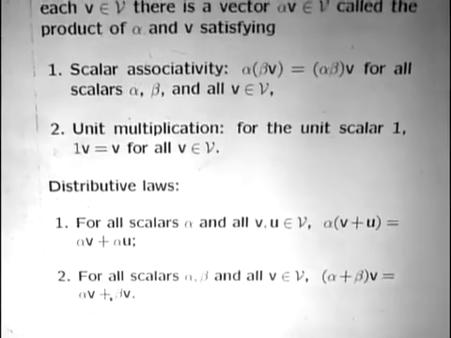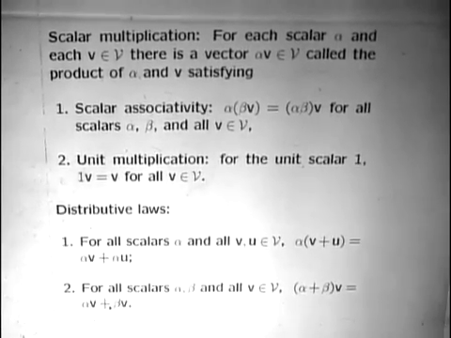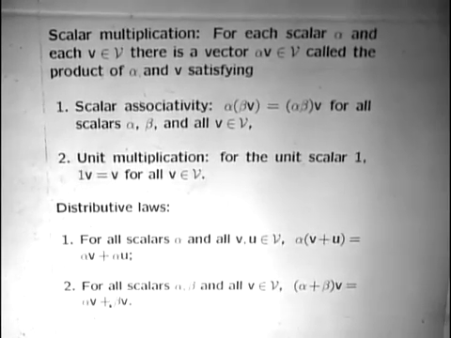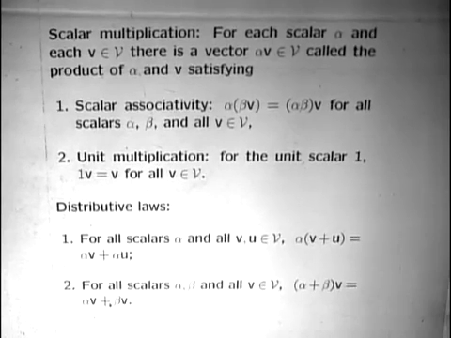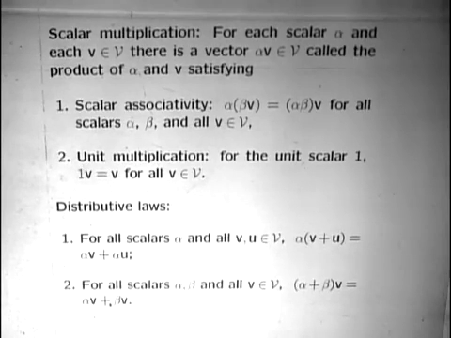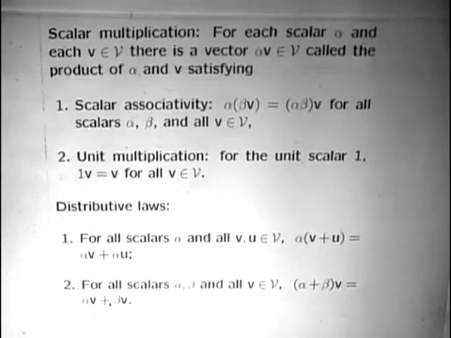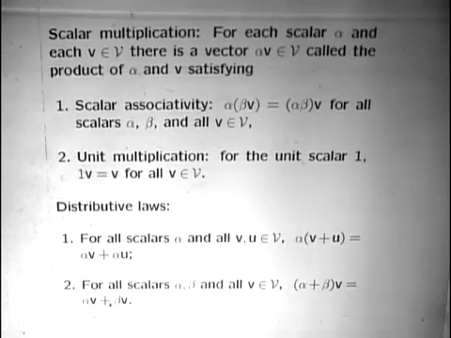Okay, and there's scalar multiplication, which means you can multiply a vector by a scalar. And the vector spaces we're looking at here only have two kinds of scalars. One is real scalars and the other is complex scalars. The two are quite different, as you know. So when we're talking about a vector space, we have to say what the scalar field is that we're talking about.